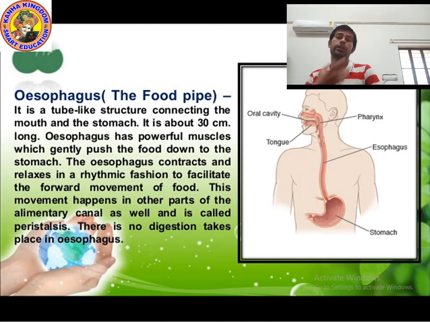Yes, actually in our esophagus, in our food pipe, muscles are present, which do rhythmic movement, meaning vibration movement. Because of this movement, whatever you are eating is gently pushed down. Our esophagus muscles continuously contract and relax, which means they become small and again large.